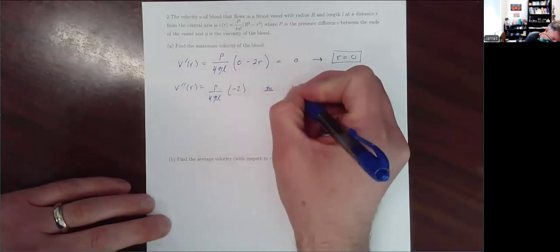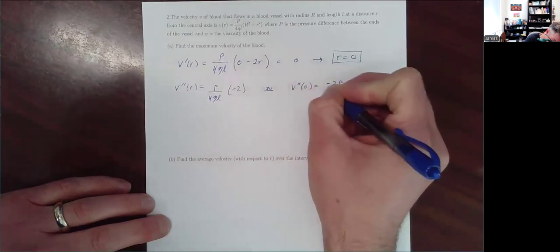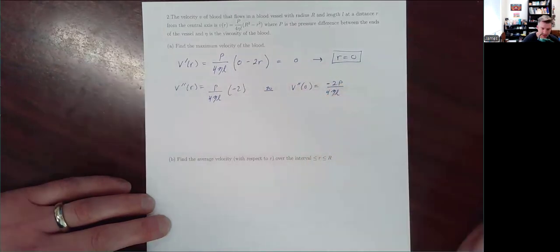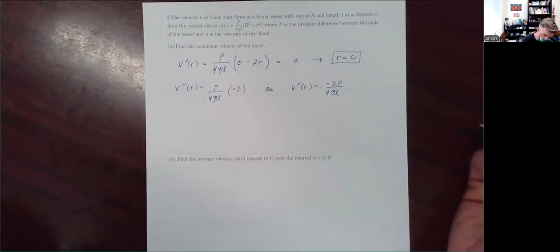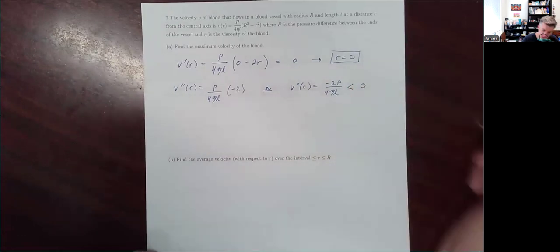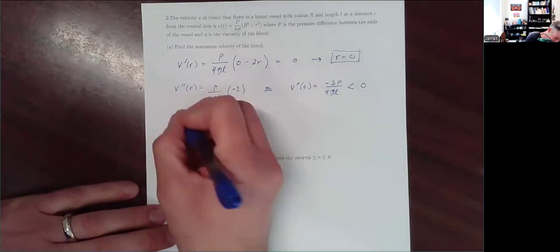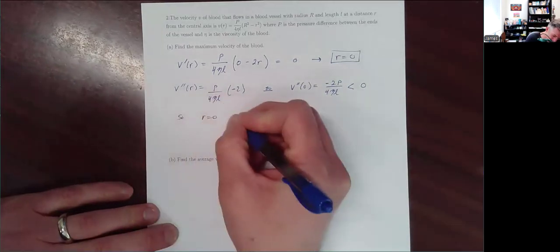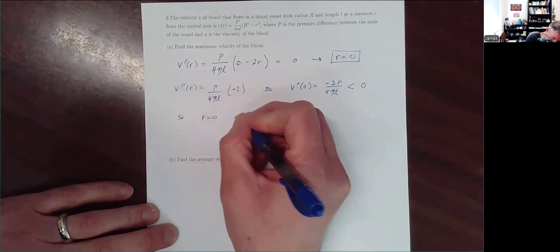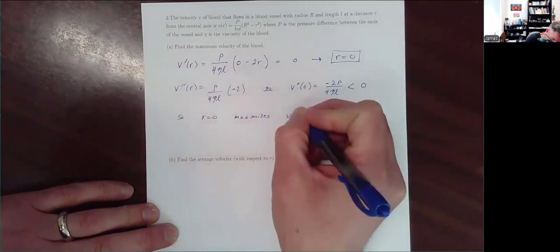So note that v double prime of 0 is negative 2P over 4 eta L. All of these constants are supposed to be positive, meaning that this second derivative is for sure negative, which means the function is concave down, which means we have a maximum. So r equal to 0 does indeed maximize the velocity.